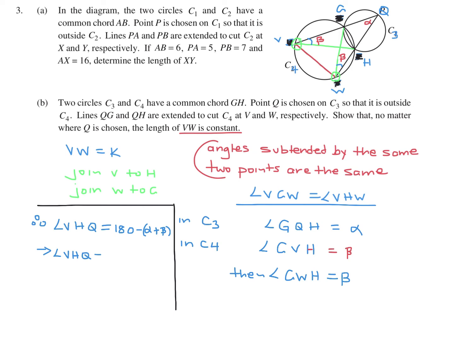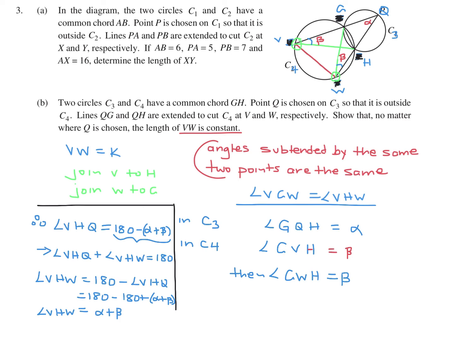Both those angles add up to 180, right? So VHQ plus angle VHW add up to 180. So angle VHW is essentially 180 minus angle VHQ. Well, VHQ, we can substitute that. So it's 180 minus 180 plus alpha plus beta. And therefore angle VHW is alpha plus beta, like that.